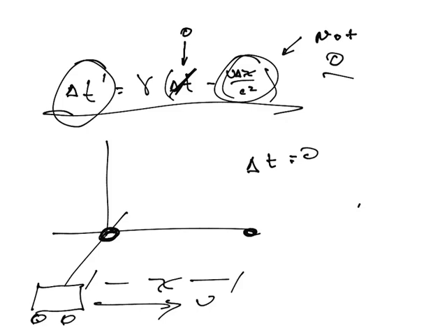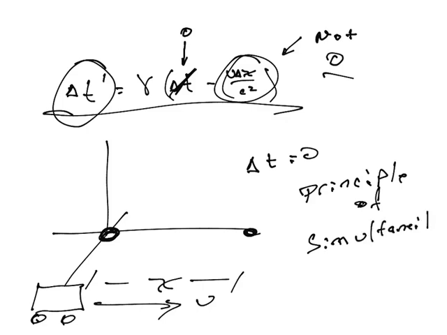Okay? And this is what's called the principle of simultaneity. In the old days, until special relativity came along, we would say that if someone says two things were simultaneous, then they were literally simultaneous to everybody.